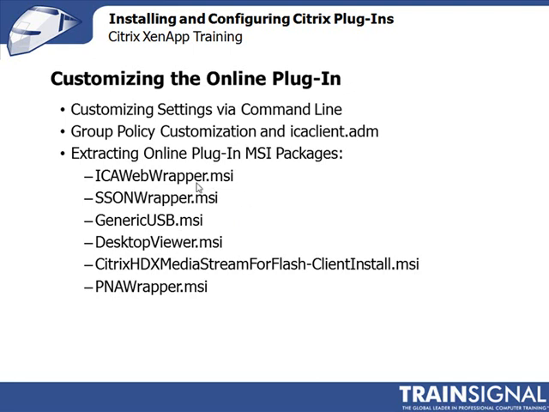You might only want to install the ICA web wrapper, or you might only want to install the single sign-on web wrapper, and so on and so forth. So these are components within that same file that you can extract and install individually if it makes sense, or if maybe you're trying to make that particular file a little smaller and you don't need all of these packages in it. So there might be a number of reasons why you want to address it.